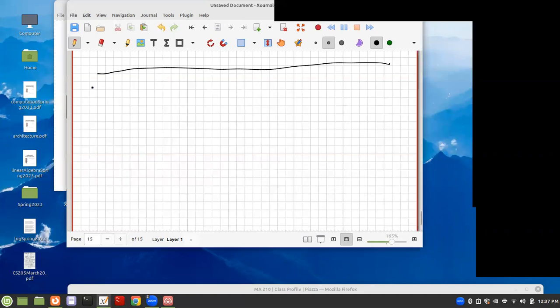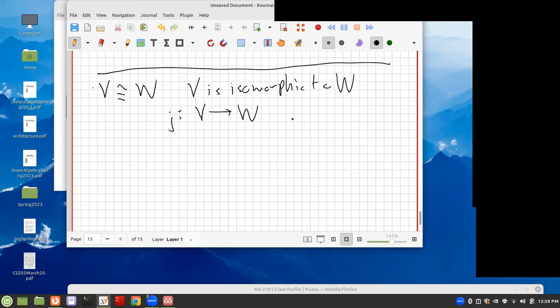Let's say V is isomorphic to W. That means there is a map, say J, from V to W, and that's linear, one-to-one and onto. So let's see what some consequences are.